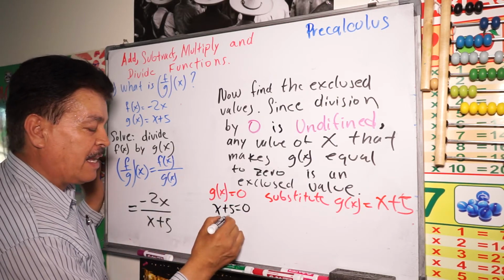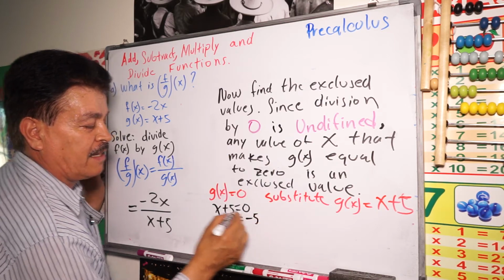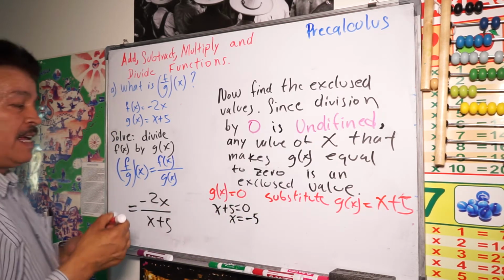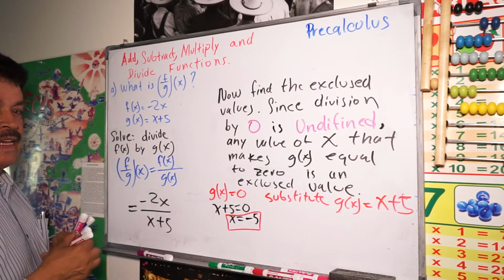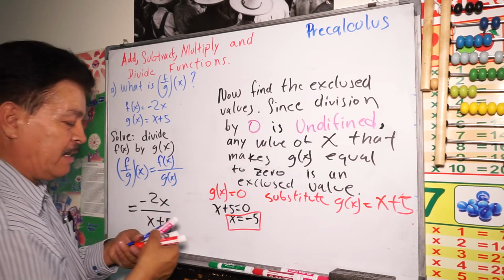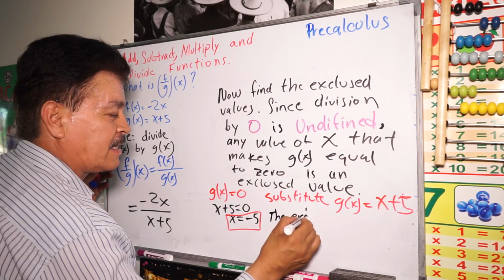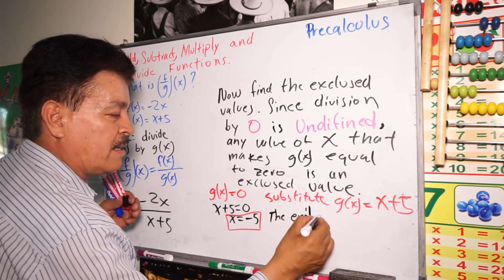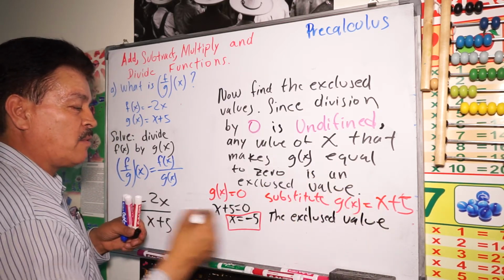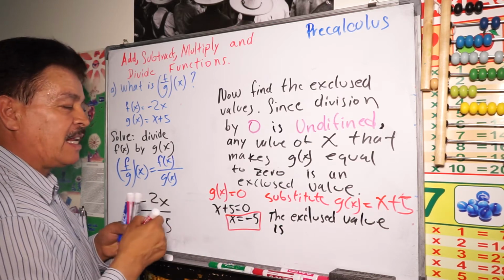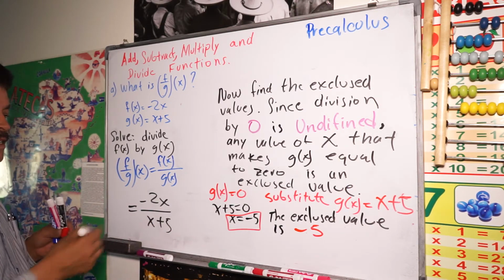You simplify: the 5 moves to the other side and becomes negative, so x is equal to negative 5. Take a look at this answer. The excluded value is negative 5.